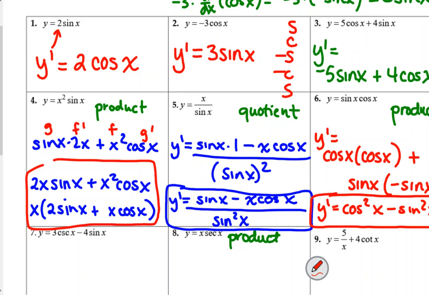You won't see me list those out over on the side every time, but you can absolutely do that, and that is, go over to f is x squared, so f prime is 2x, and g is sine, so g prime is cosine, and then put the pieces into your product rule. You may see this answer with an x factored out. You don't have to factor an x out of both, but you could.